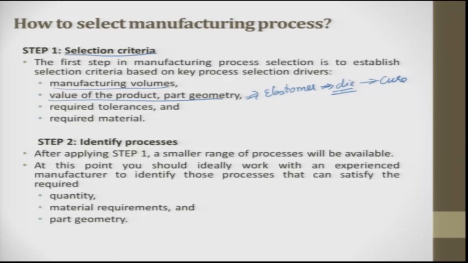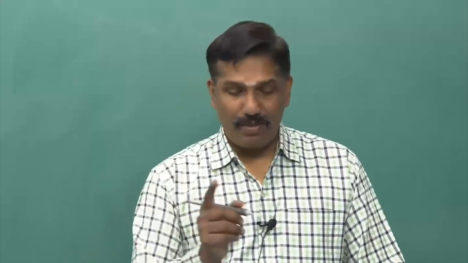So you see, depending upon the part geometry, the machine axis itself changes. It can be horizontal or vertical, just by the geometry. I gave only one example. So the part geometry also tries to dictate what the process should be.